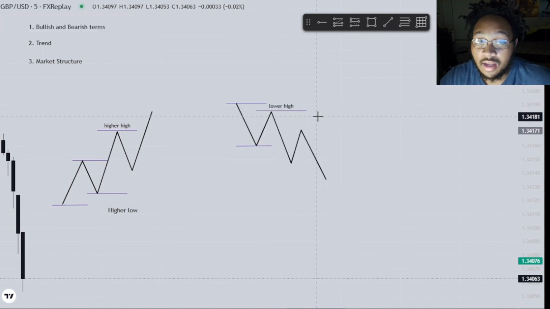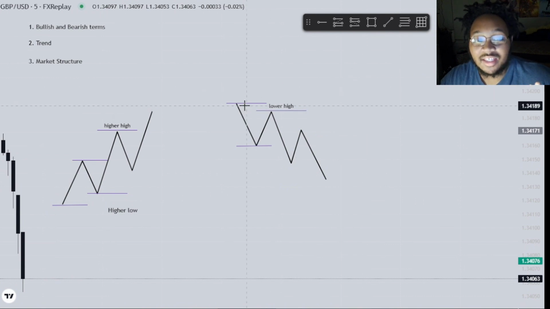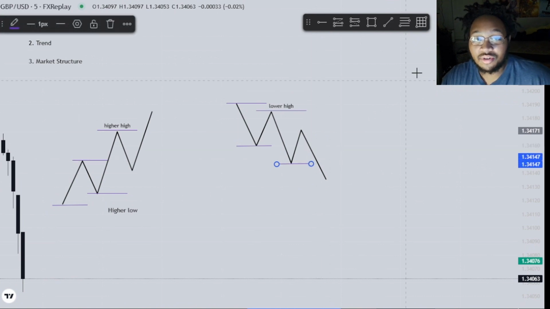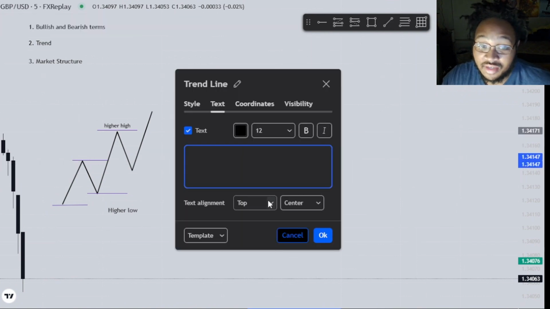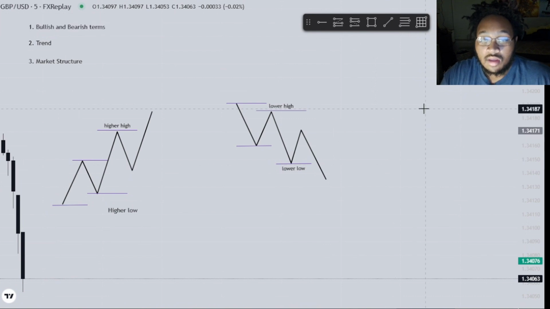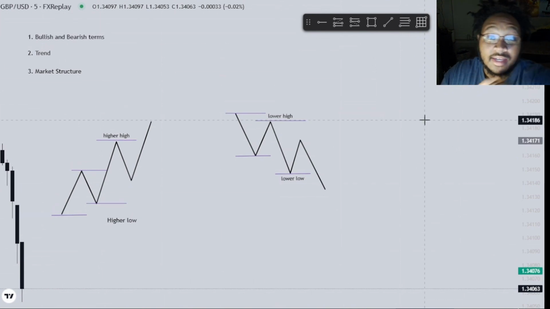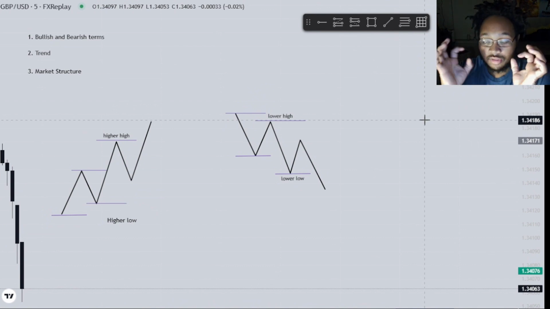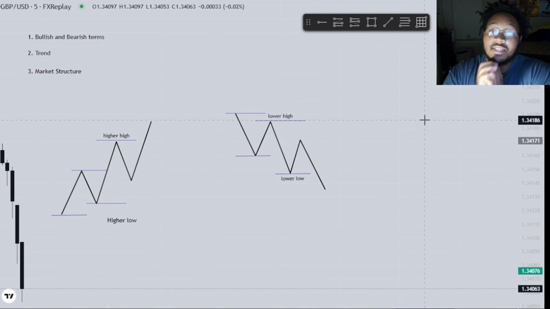It's called a lower high because, you guessed it, it's lower than the previous high. Right here, we have a low that's lower than the previous low, so I'm pretty sure you can guess what it's called: a lower low. All a downtrend or a bearish trend is, is a mix of lower highs and lower lows being formed.